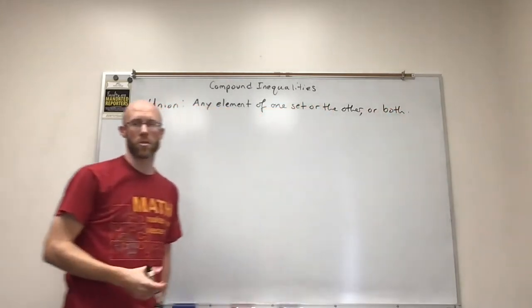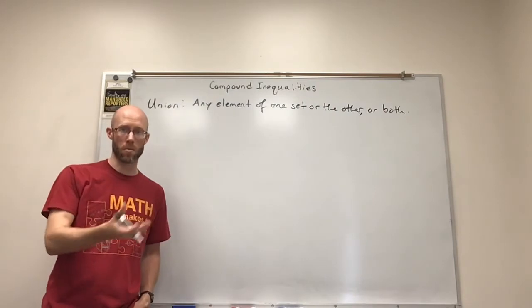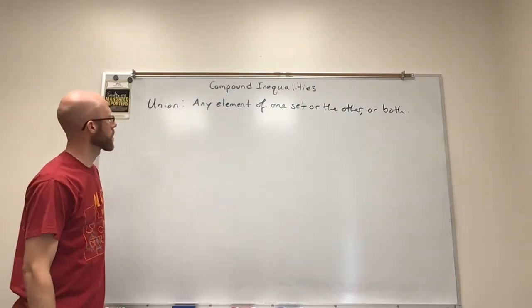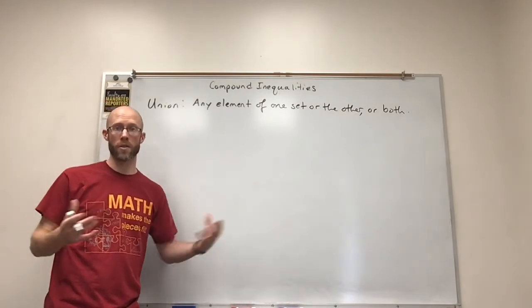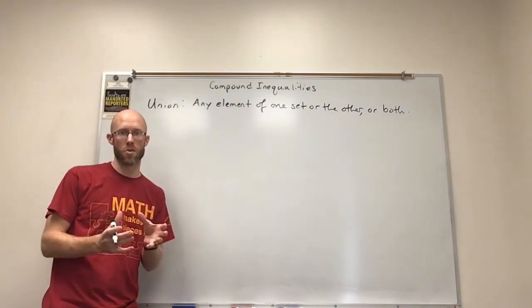It doesn't actually matter. It could be in one, it could be the other, or it could be both. And so unions are usually bigger than individual sets, whereas the intersection is usually smaller, okay?